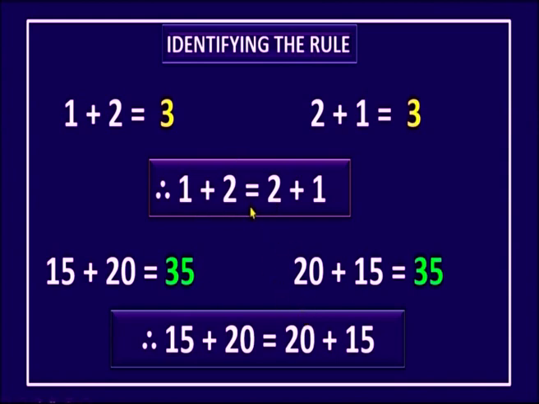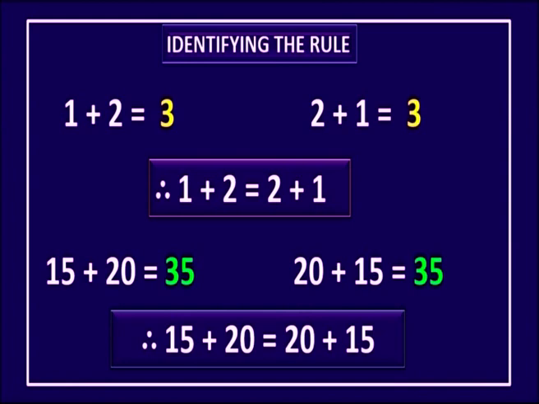That is, when you have two numbers, you can add them in any order. That is, 1 plus 2 or 2 plus 1 gives the same result. 15 plus 20 or 20 plus 15 gives you the same answer. Isn't it, children? Now, based on this concept or the rule, children, I want you to answer a few questions.